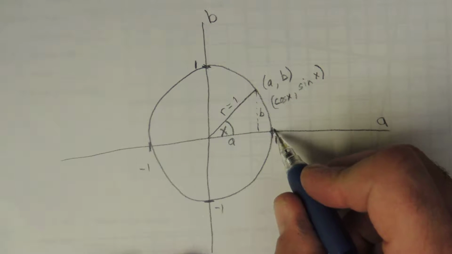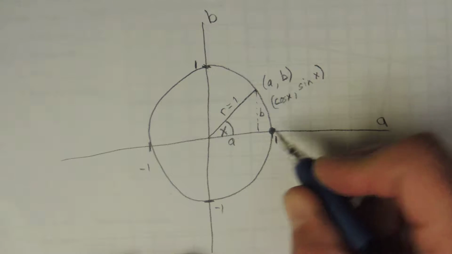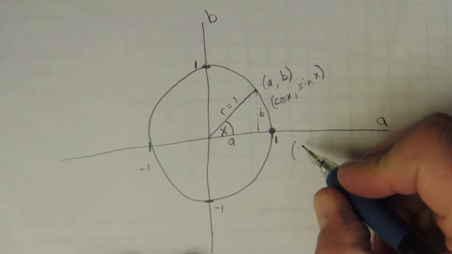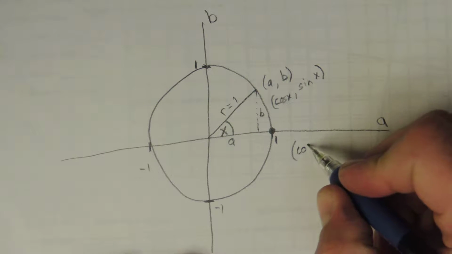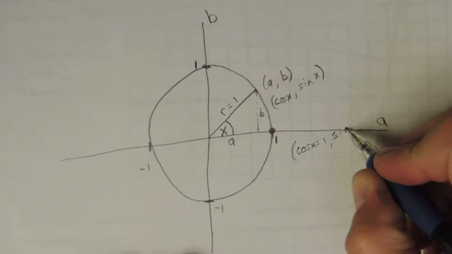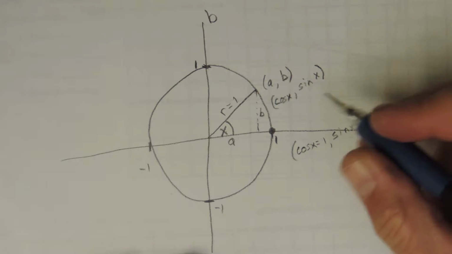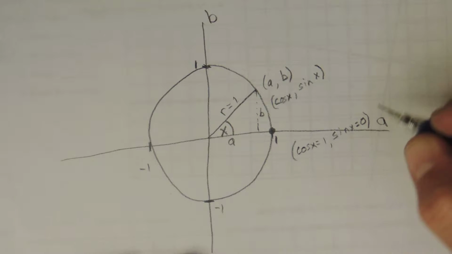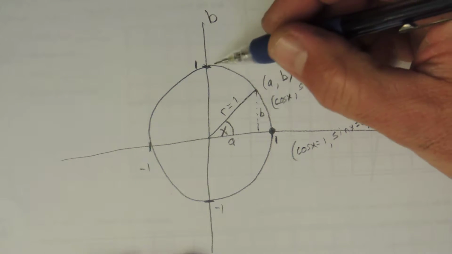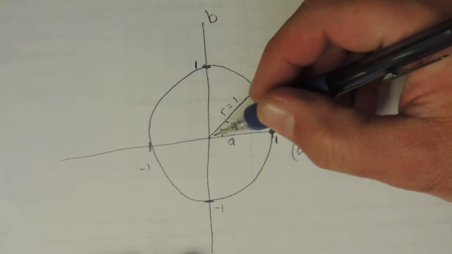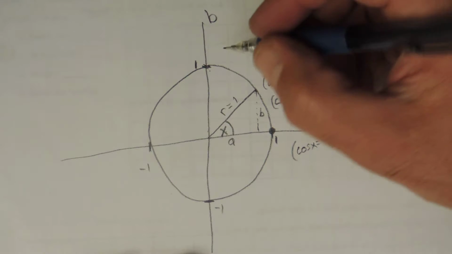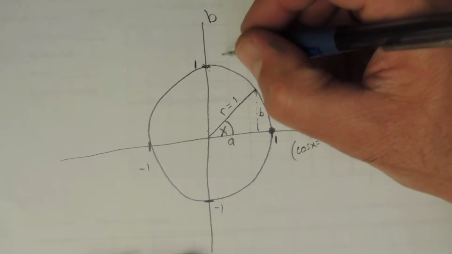So at this point, where x is 0, cosine equals 1. Sine of x equals 0, because sine of x is the b value. B is 0 here. If I go around here, b is now 1, a is 0, so cosine is 0.